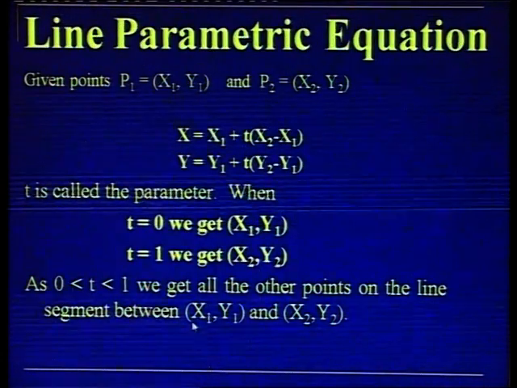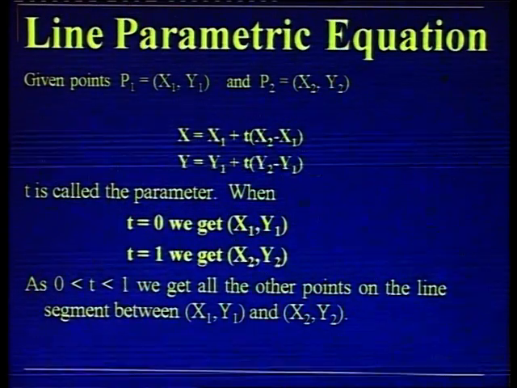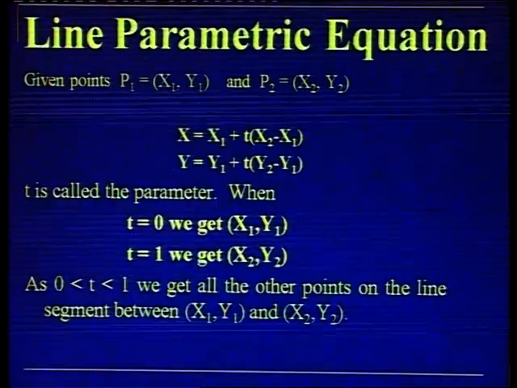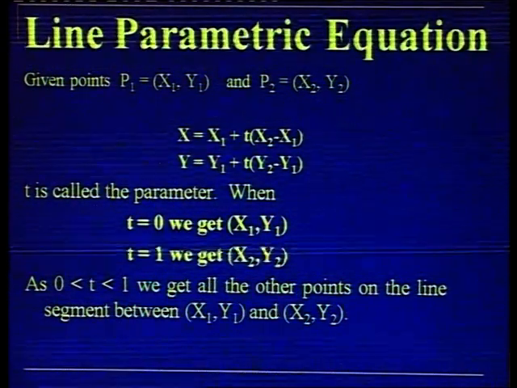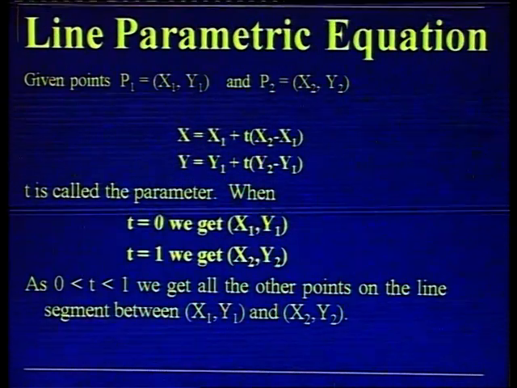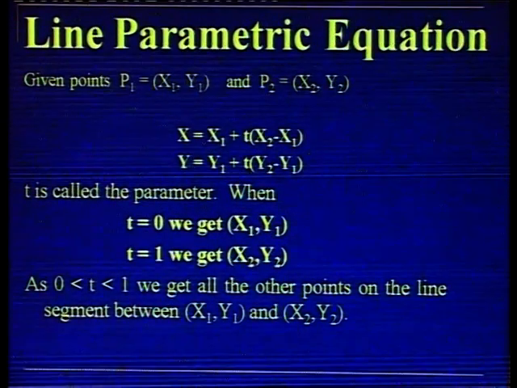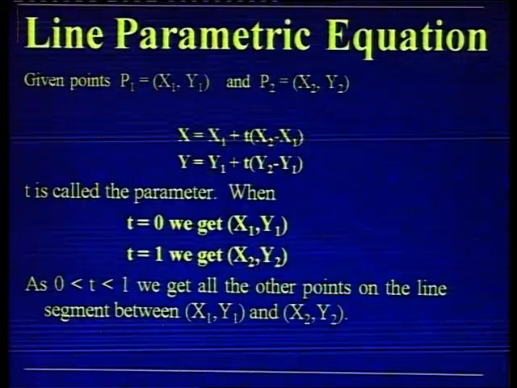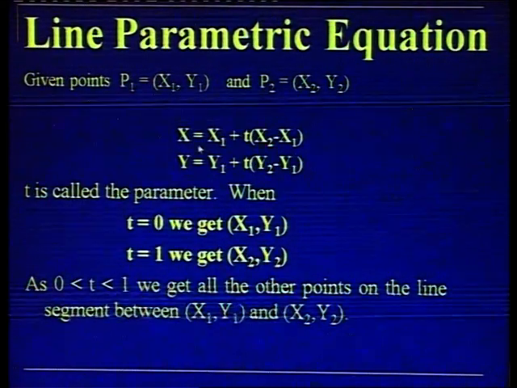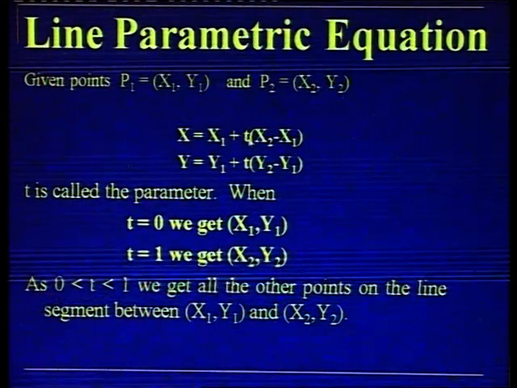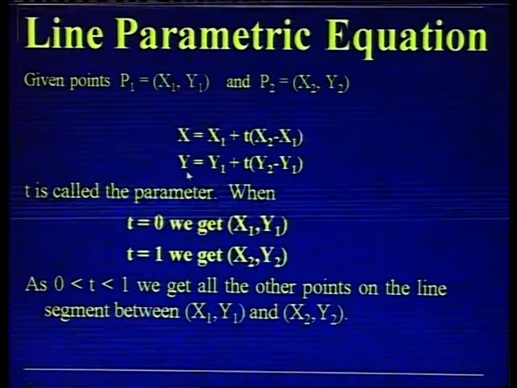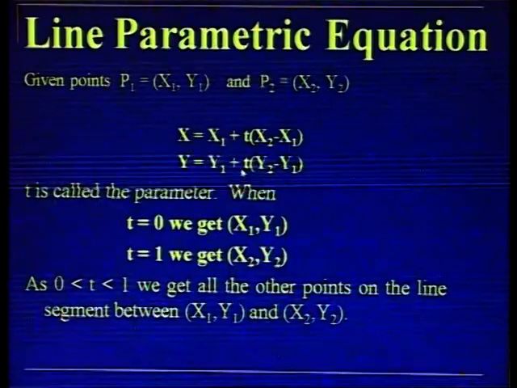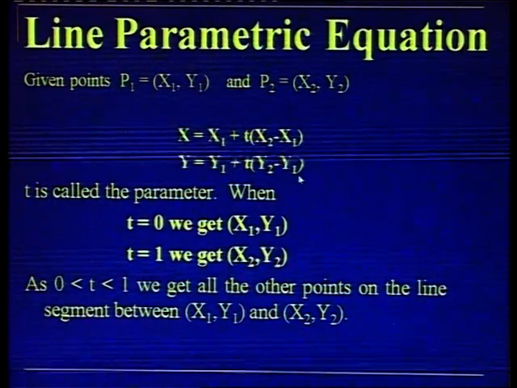Then this is another equation of a line, in the parametric form with the use of parameter t. Suppose we are given 2 points, P1 and P2, with the coordinates x1, y1 and x2, y2. So, x will be defined as x1 plus t, the parameter, times x2 minus x1, and y is equal to y1 plus t times y2 minus y1.